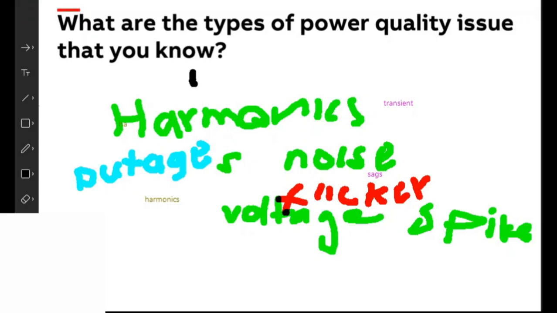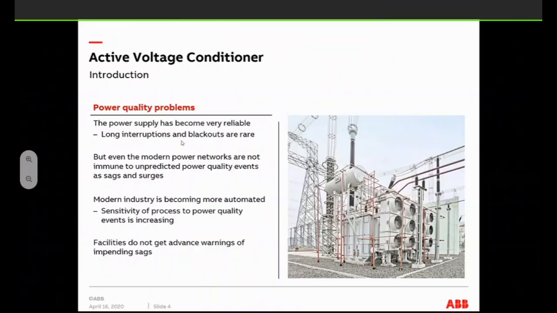So as an introduction to the active voltage conditioner, the issue with our power quality is that even with the advanced protection of the grid that we have, long interruptions and blackouts are very rare.